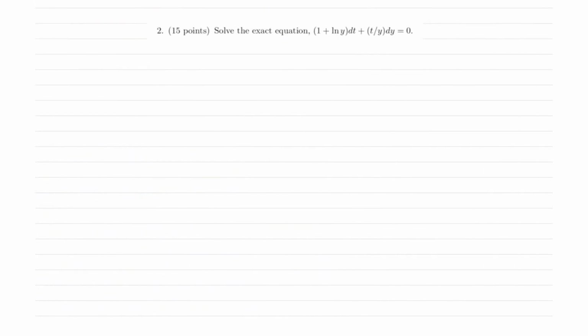Okay, cool. Number 2. Solve the exact equation. We're told this is exact, so we need to figure it out. Remember, we are given M, and that is equal to 1 plus ln of y. And M is also the partial derivative of f with respect to t.